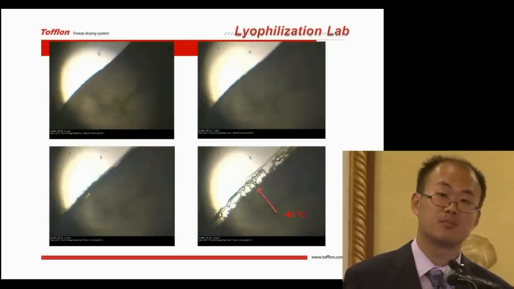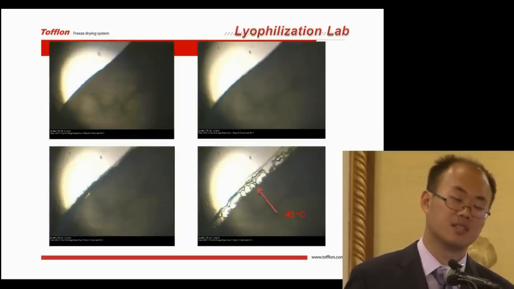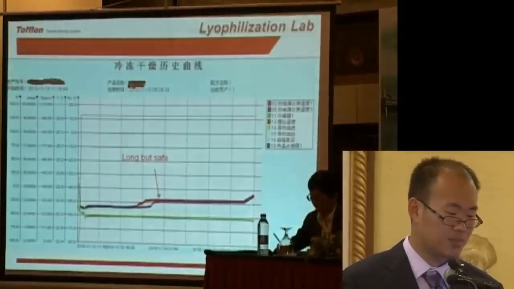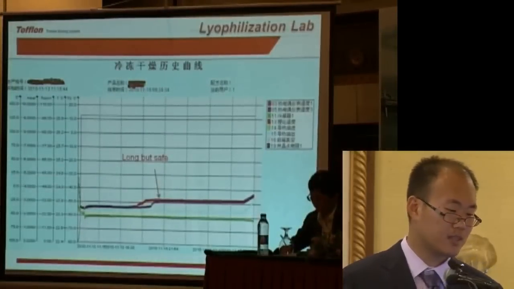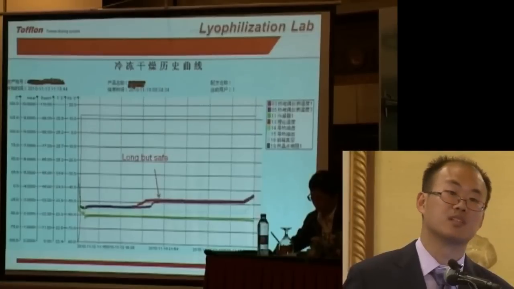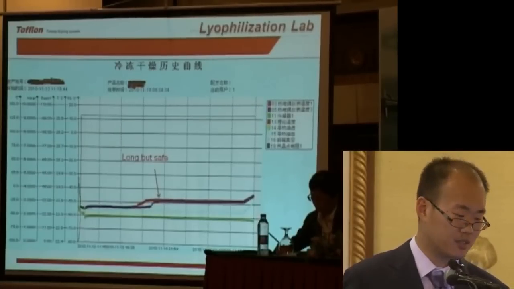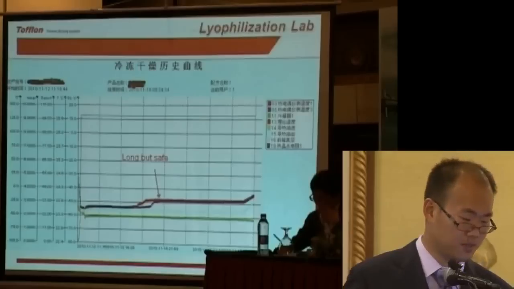Some clients met this problem. They think that the freeze drying cycle is wrong, but usually it's not. When the collapse temperature is too low, we must control the temperature of the freeze drying below the collapse temperature, and freeze dry with a long cycle, just as this picture says. Now the cycle is very long.